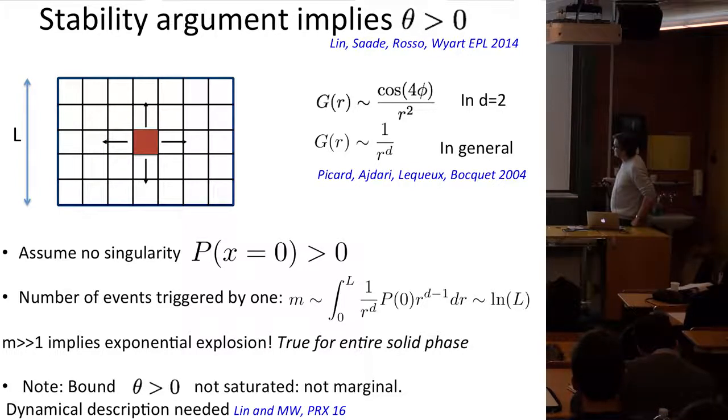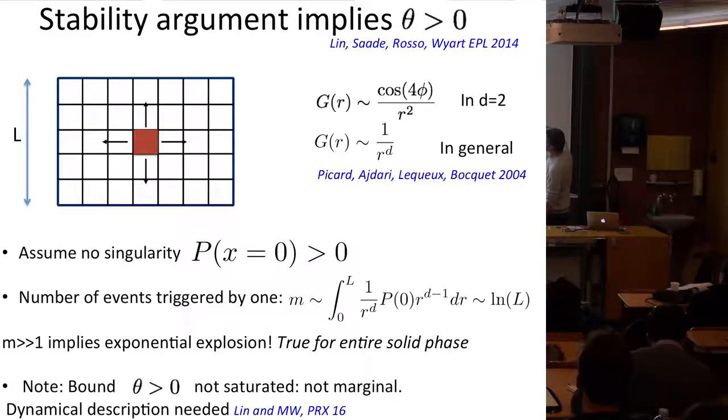So let me assume that there is no pseudo gap, and let's compute the mean number of events m that would be triggered by one shear transformation. So what is m? It's going to be an integral over space, because I can trigger things everywhere.